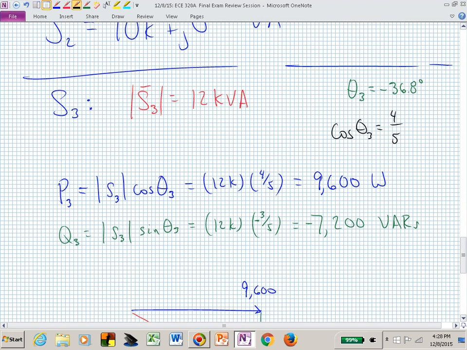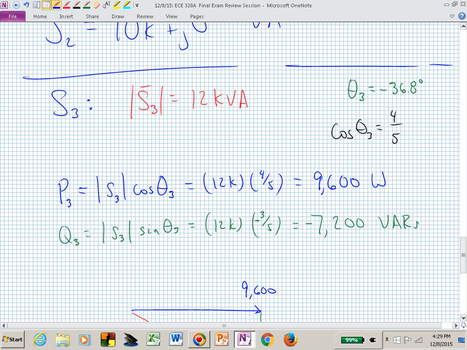So now what was I doing? Here I was working off the question of where this minus sign came from, or why I didn't put it in the 4/5. So now what is actually negative? We had a leading power factor. That tells us our angle is negative. If I take the cosine of minus 37, how does that compare to the cosine of plus 37? It's the same. Cosine's even.